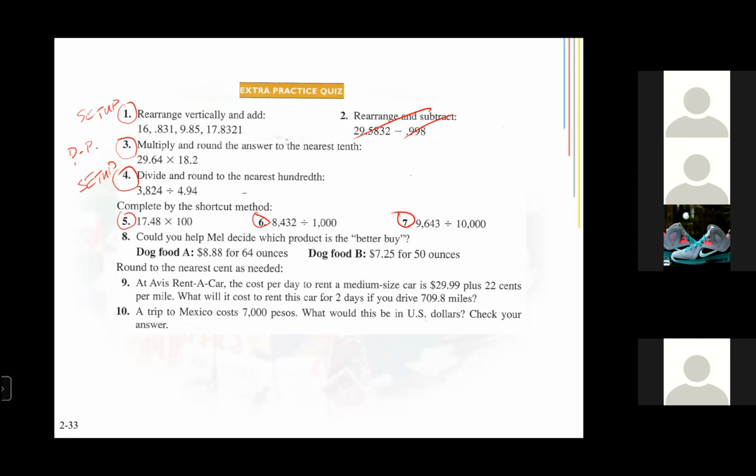Let me hear what you have to say with that one. 16.10,000. 16 point, what? 1, 2, 3, 4 zeros. 4 zeros. Okay. Next one is 0.831. And 9.85. And 17.8321.